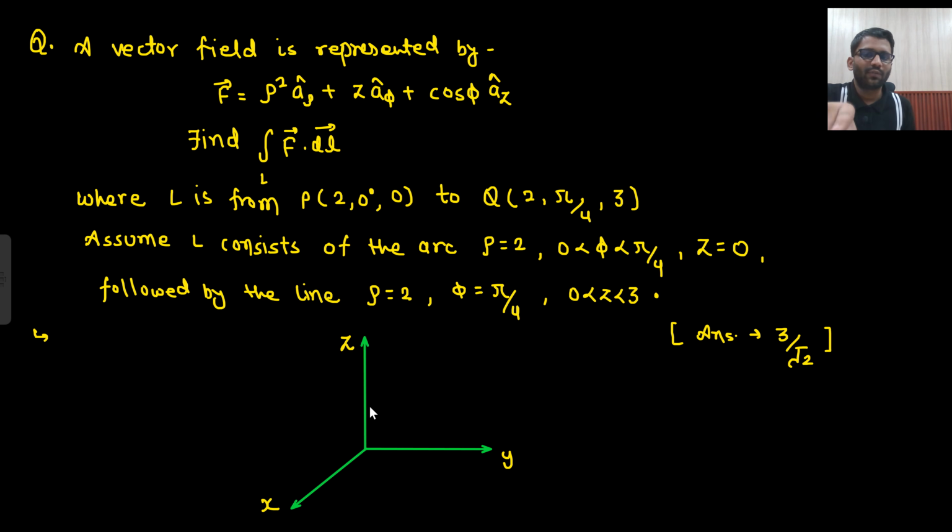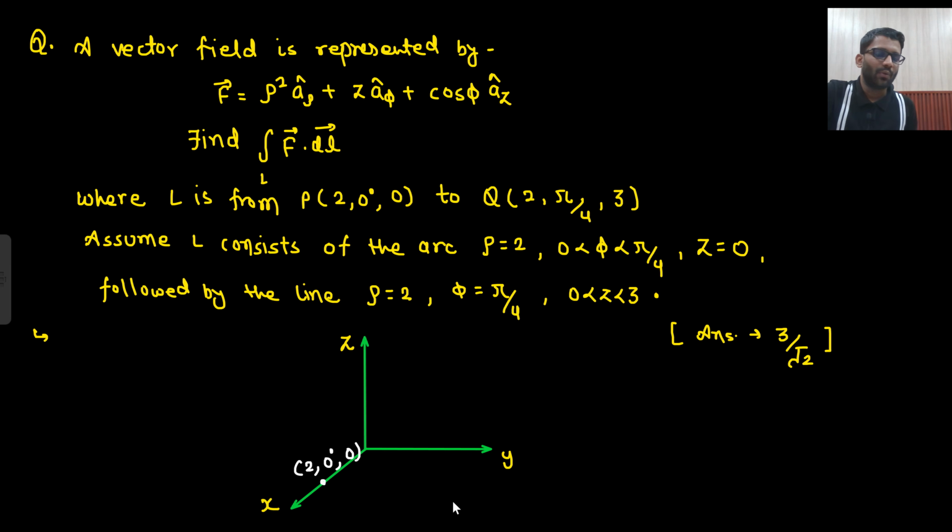Where L is from this point 2, 0 degree, 0. In which coordinate system is it mentioned? Cylindrical, right? Where will be 2, 0 degree, 0? Rho is 2, angle from the x-axis is 0 degree, and distance z is also 0.